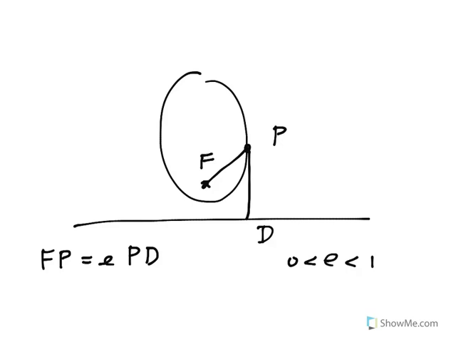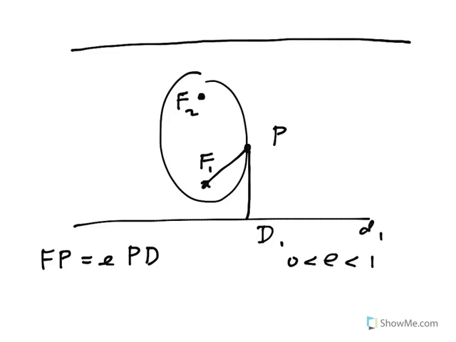Well, if I just showed you the ellipse and didn't show you the focus and directrix, because of the way the ellipse has symmetry, unlike the parabola, it's possible that the picture is sort of upside down, that the directrix is really over here, and the focus is really over there. So let's just call this F1 and D1 now, and call this F2. And here I'll call this lowercase d1, directrix 1.